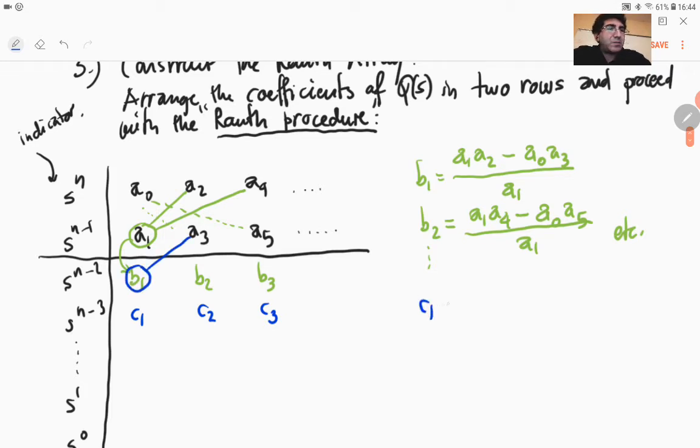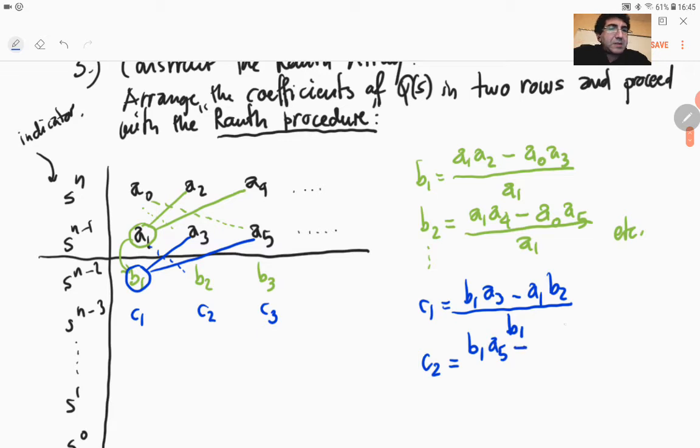We will have c1 equals b1 a3 minus a1 b2, divided by b1, and c2 will be given by b1 a5 minus a1 b3 over b1.